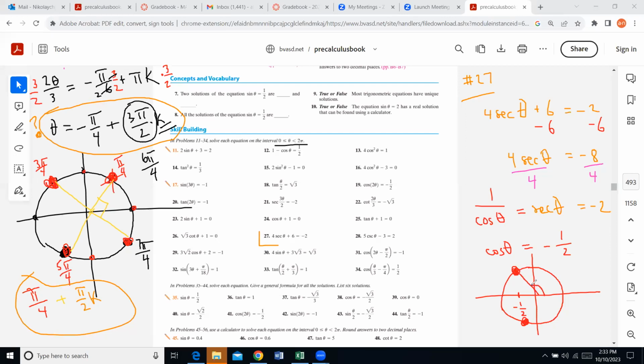What are the angles? Looks like the angles are dealing with pi/3. So this is going to be 2 pi/3. And the other will be, let's see, -2 pi/3. Yeah, you could technically say that, but they want you to put 4 pi/3.